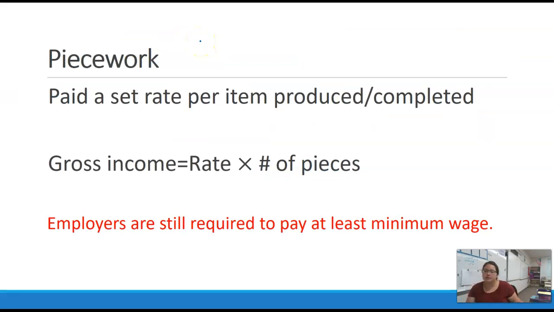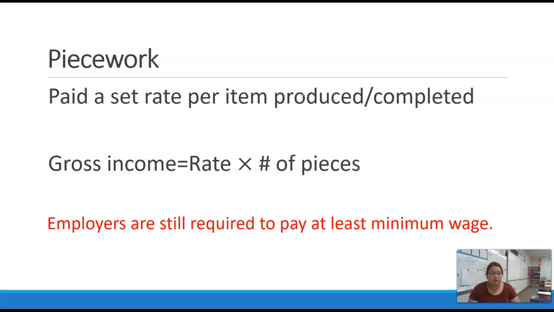Okay, the last one we're going to talk about today is called piecework. So piecework is when you're paid a set rate per item produced or item completed. So I had a job before where it was a kind of a hybrid model, but I was paid based on how many bills I processed and how accurately I processed them. And there was different ranges.